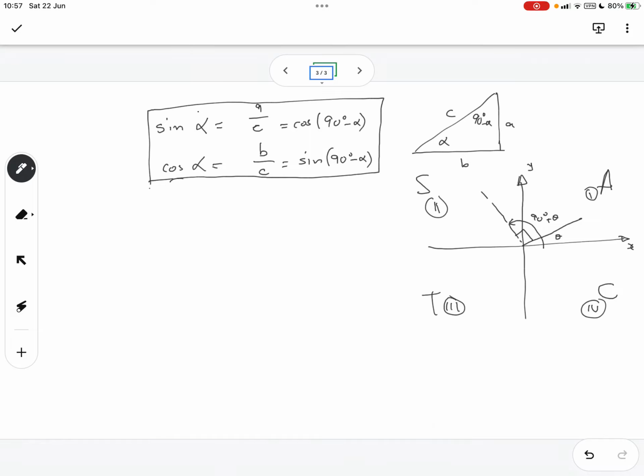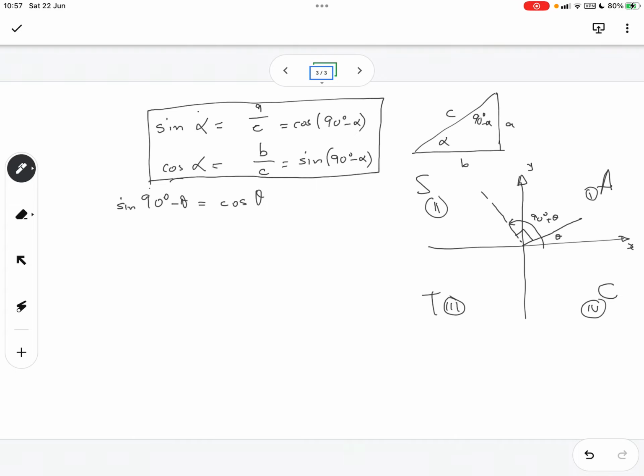And since we know that sine of 90 degrees minus alpha, or rather, let me put theta here, is the cos of theta.